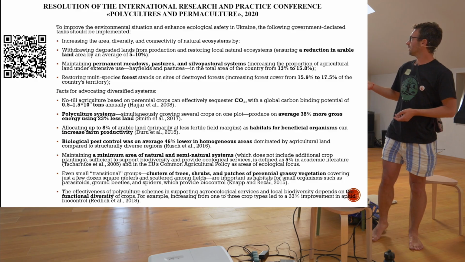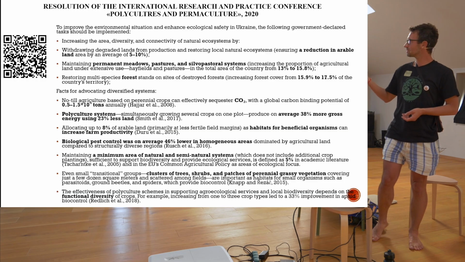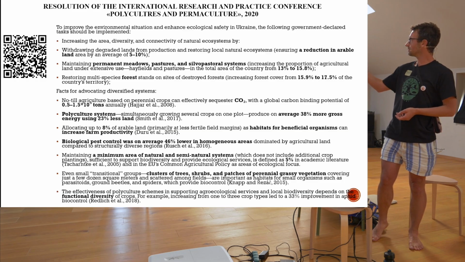And here above you can see the policy goals of Ukraine at that time, and now just remember that they are super ambitious: just a 2% increase of meadows and silvopastoral systems, shelter belts, just a 2% increase of forest stand, just 5-10%.